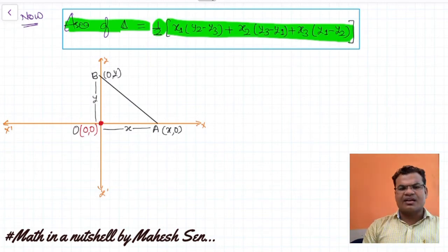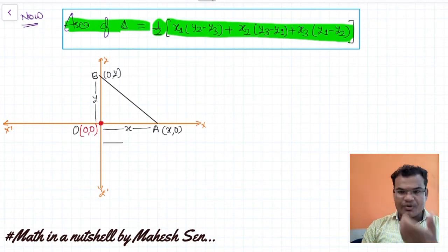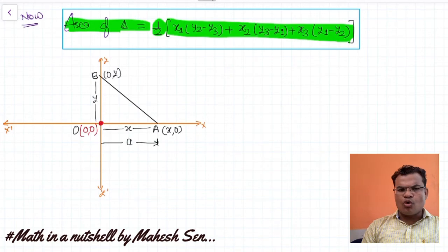This is a right angle triangle also, and if it is not a right angle triangle, we go through Heron's formula. So OA is x, and OB is y.